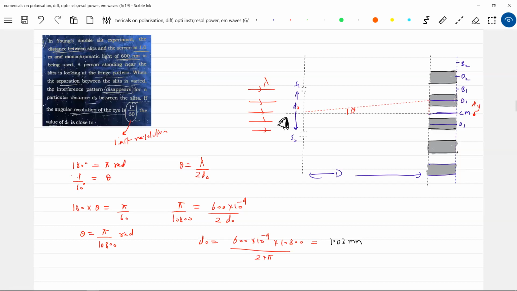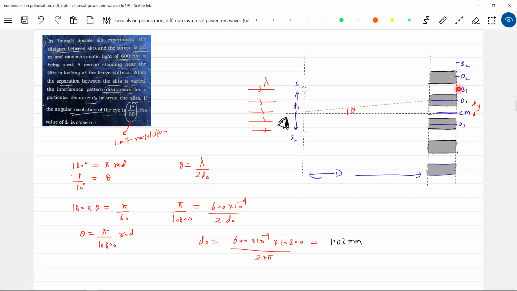Some books take the alternate ones. If you take these two as the objects, then I should write 2 lambda by 2 d naught. Then 2 millimeter will be the approximate answer. If the eye is unable to resolve, the pattern will disappear.